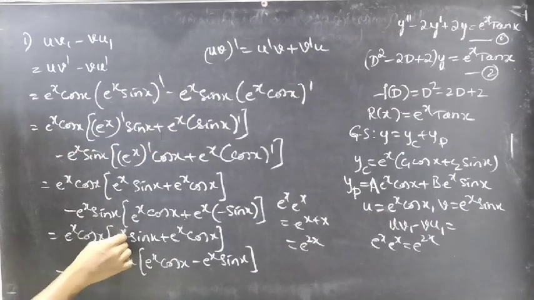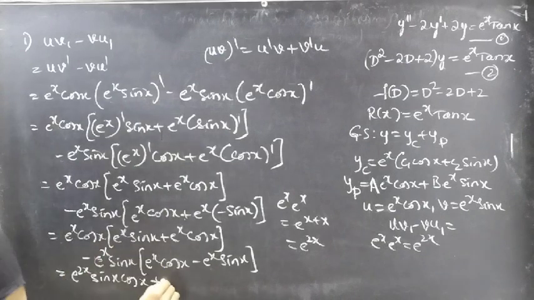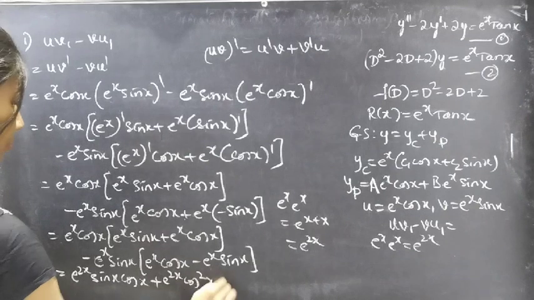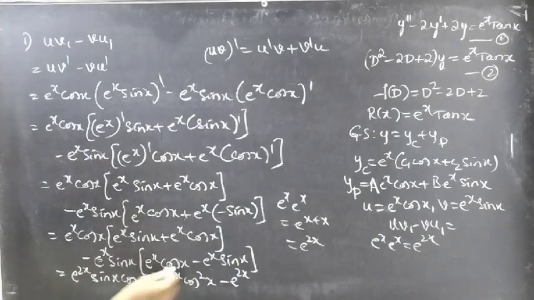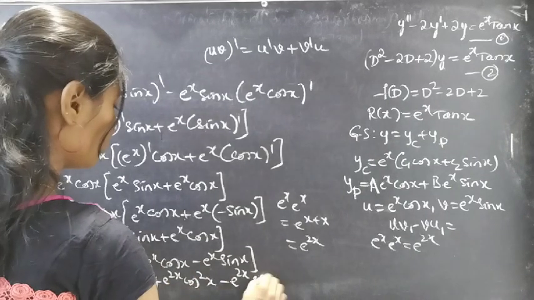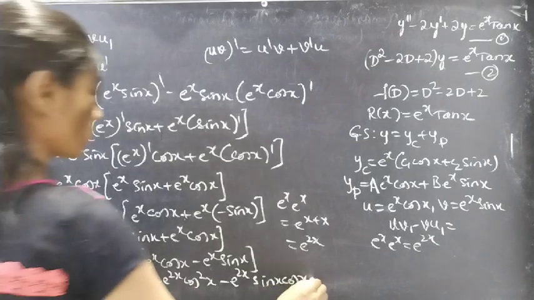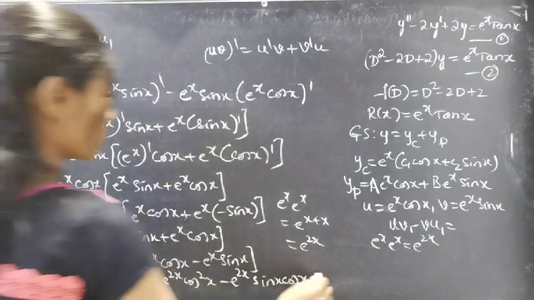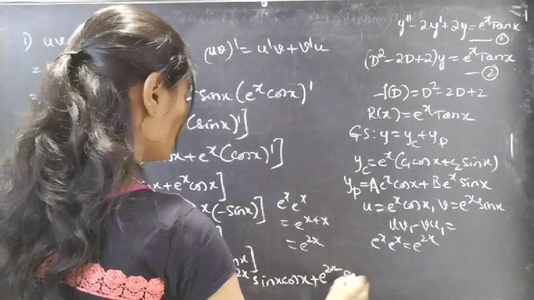This gives us e power x into e power x is e power 2x sin x cos x, plus e power x into e power x, e power 2x cos x into cos x, cos square x, minus e power x into e power x, e power 2x sin x cos x, minus into minus plus e power x into e power x, e power 2x sin x into sin x, sin square x.